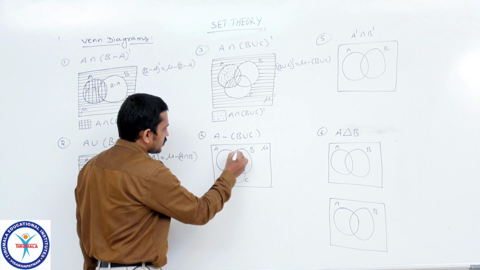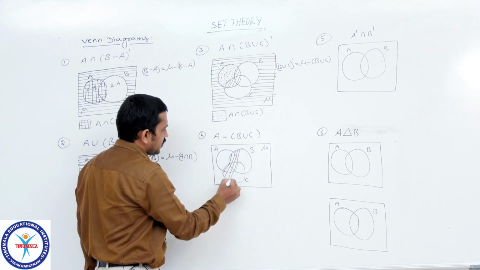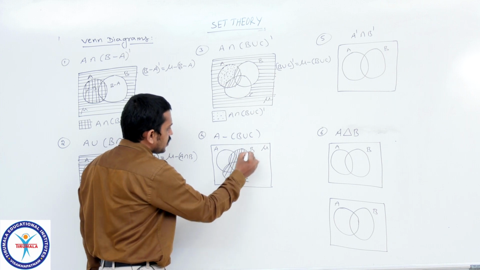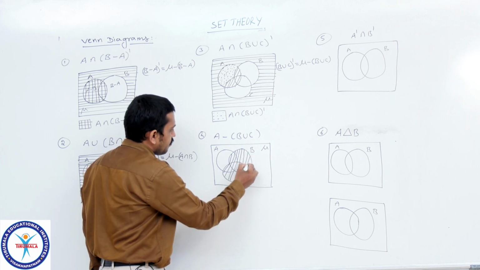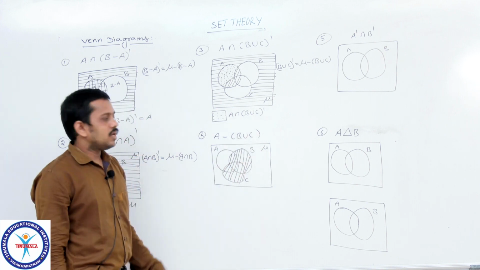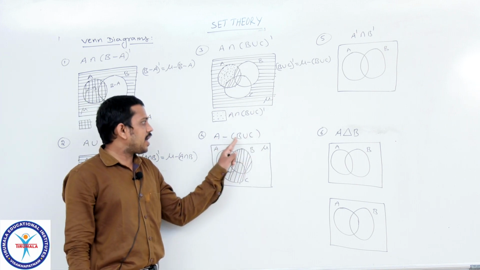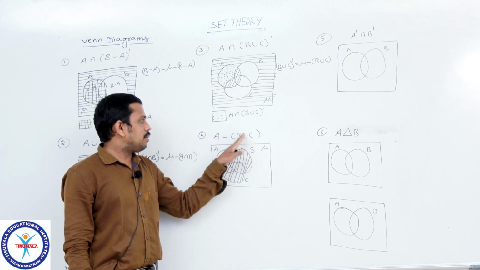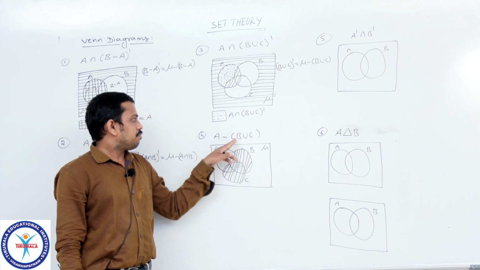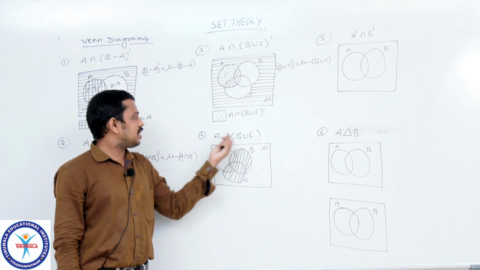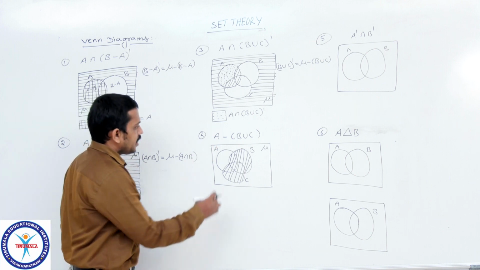B union C means the region either belonging to B or belonging to C will be shaded in B union C. Now, here A minus B union C means we have to eliminate the region B union C from set A. Here what is set A?